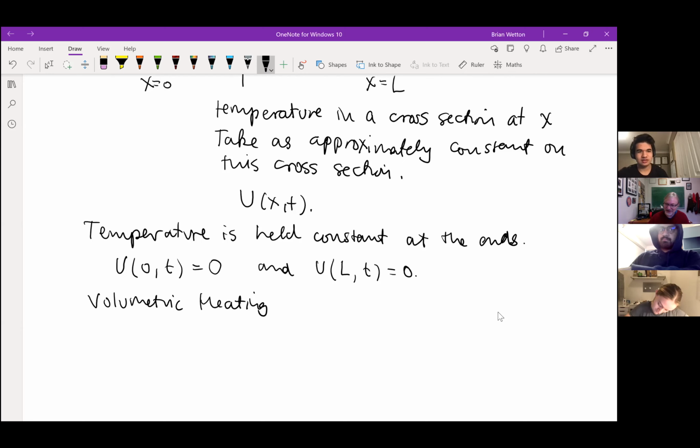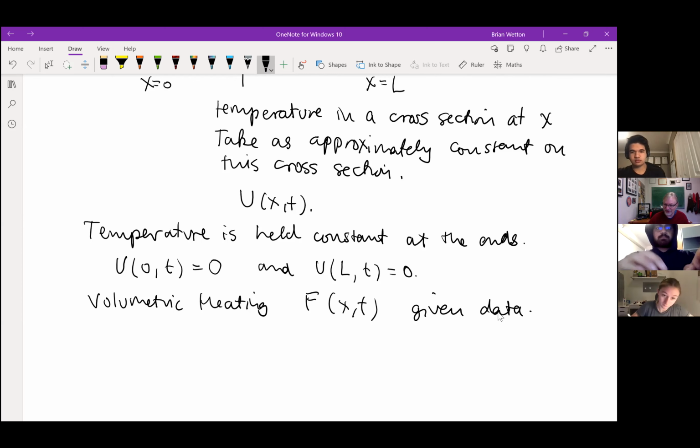And the sibling is awake, so that it's moving the blowtorch around. So the volumetric heating that's coming in is going to be given data. In other problems, it actually could depend on u as well, if you have a Newton's law of cooling term at the boundary of the rod, but we're going to assume now that it's just given.